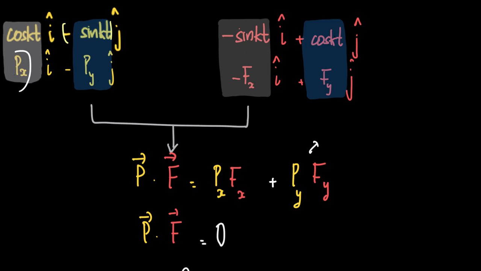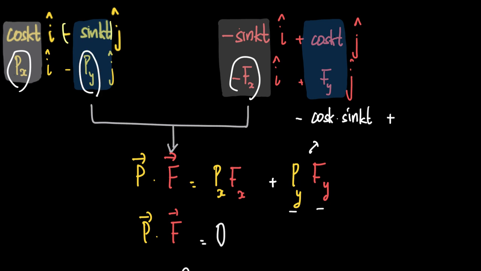Px fx is cos kt into sin kt, and py fy is minus sin kt times fy, which is cos kt.